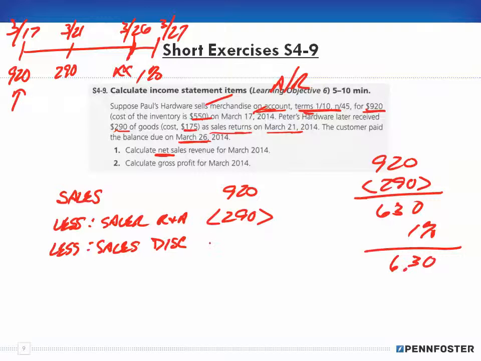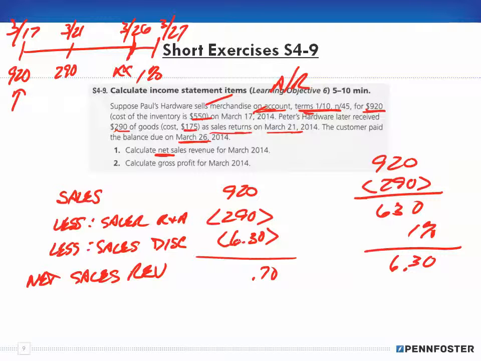That's our sales discount that they would be able to take. So less $6.30, and that gives us our net sales revenue. The total of all of that is $623.70, our net sales revenue.